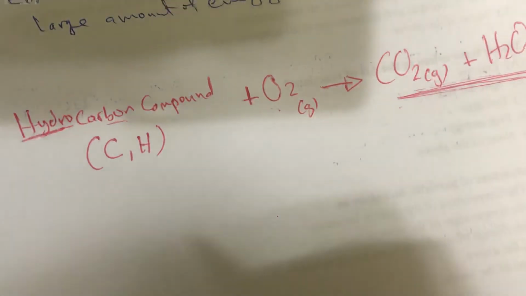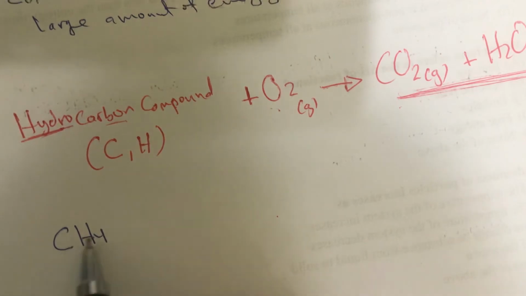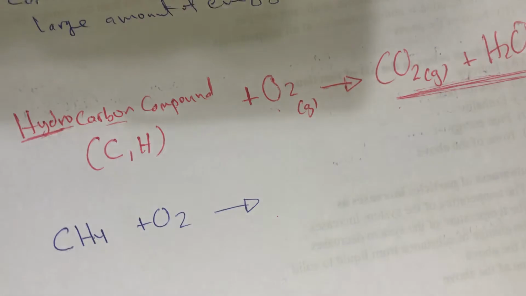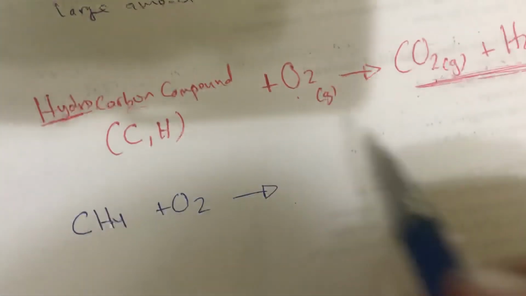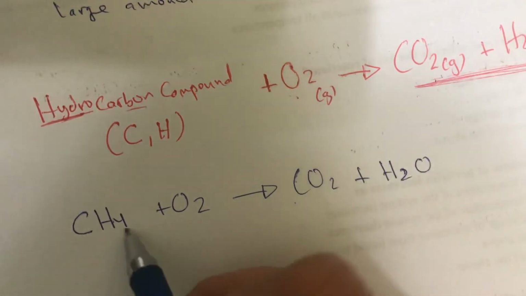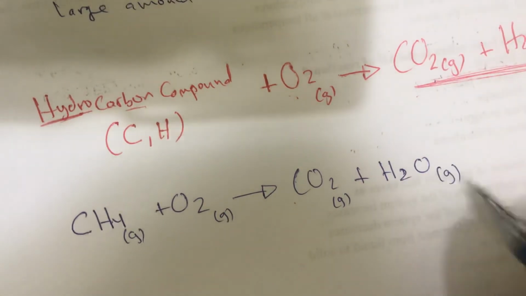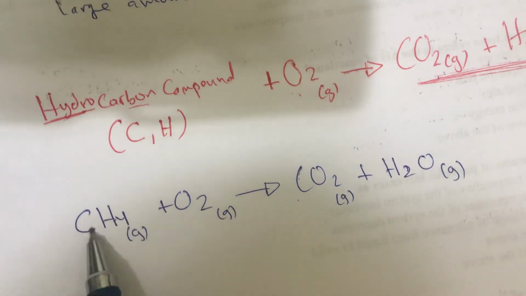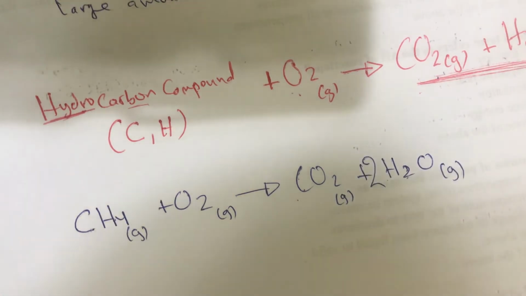So here an example: methane gas. It's a hydrocarbon compound plus oxygen. You can complete the reaction, the products are fixed. So here CO2 plus H2O. All substances are gases, and you have to balance the equation. So here you have one carbon, for hydrogen here 2, so you have to multiply by 2.